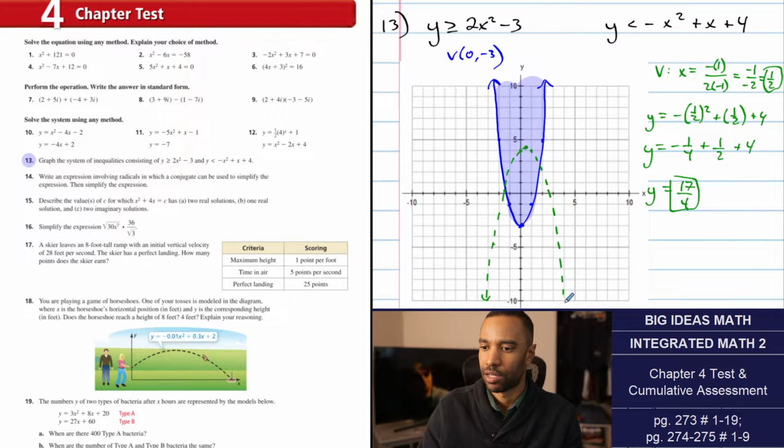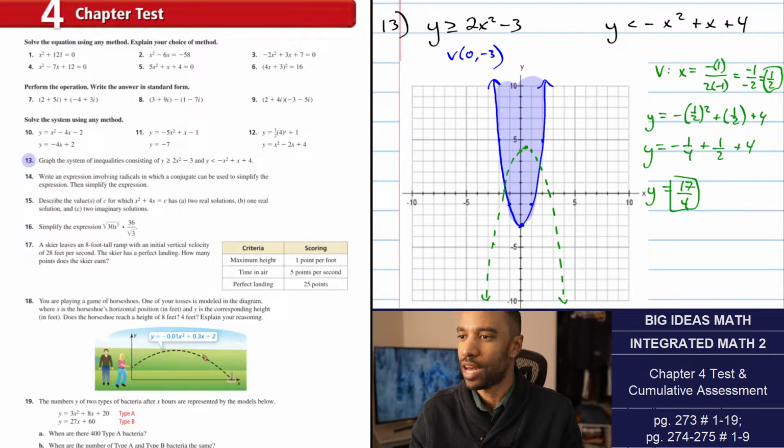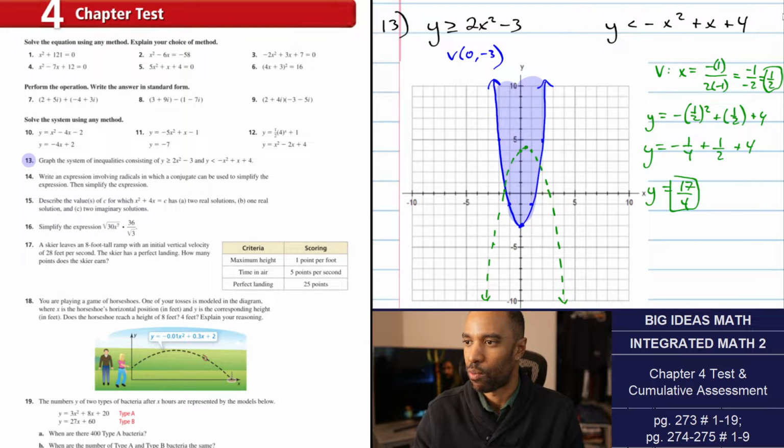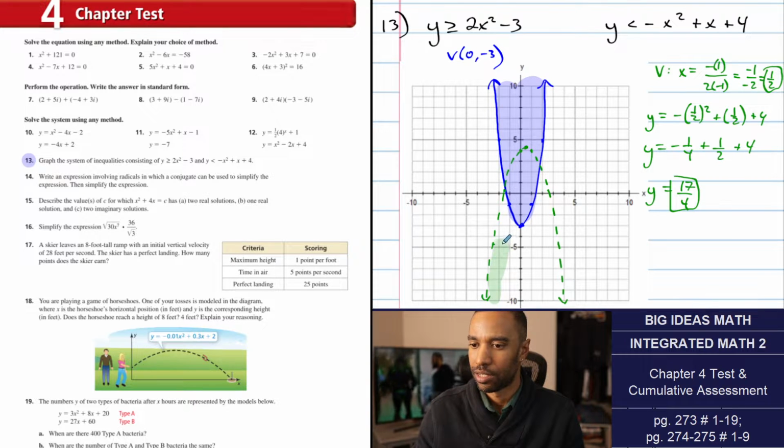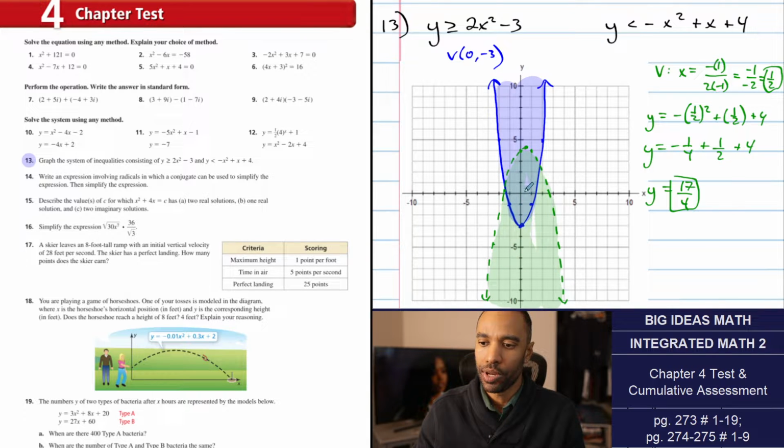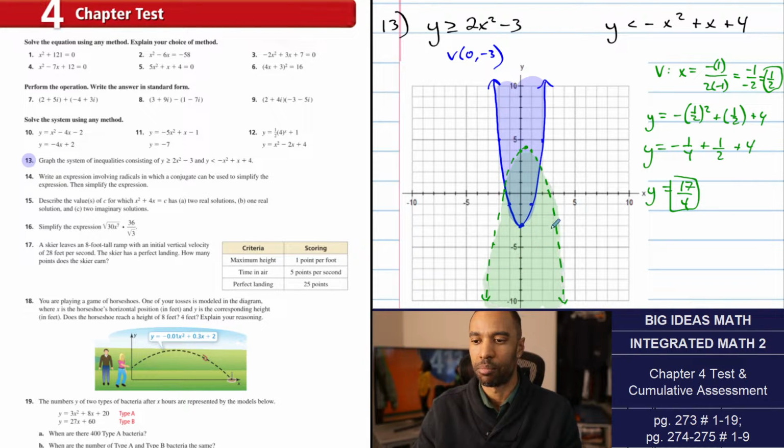Okay. Now, the shading for that guy will be underneath, because it's less than, and not less than or equal to. The overlapping shaded region represents the solution set here. Ultimately, the final answer is what's inside blue and green together, including the solid line that's on blue.